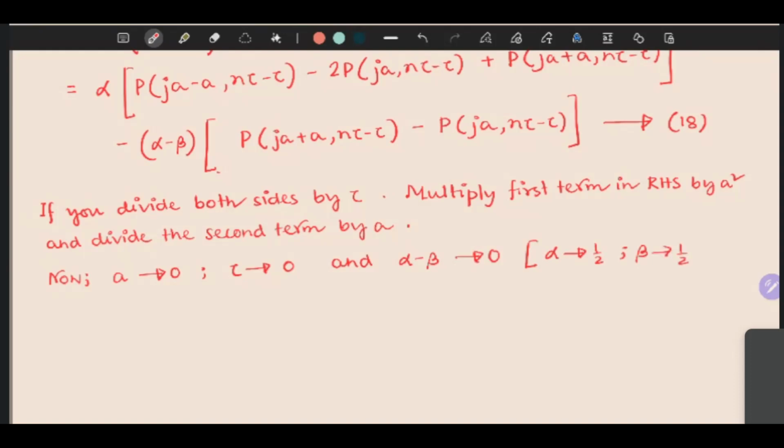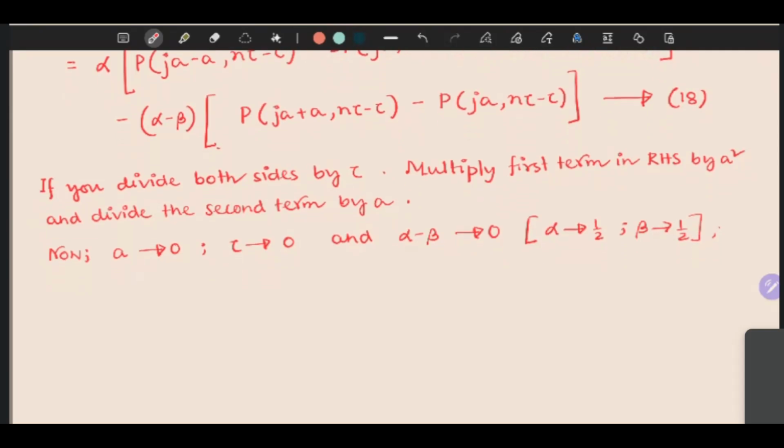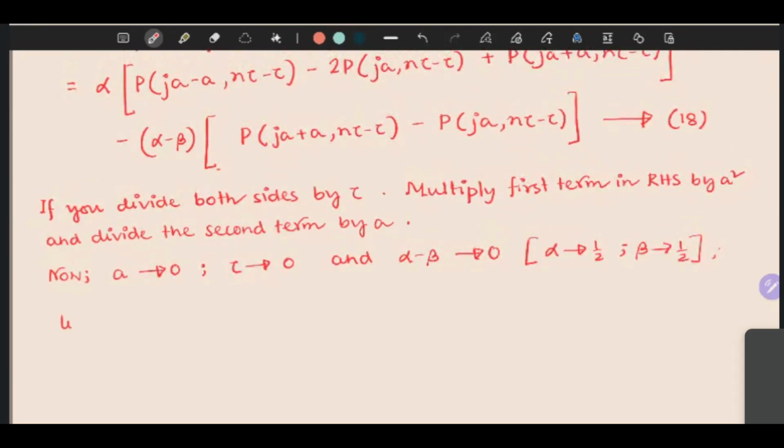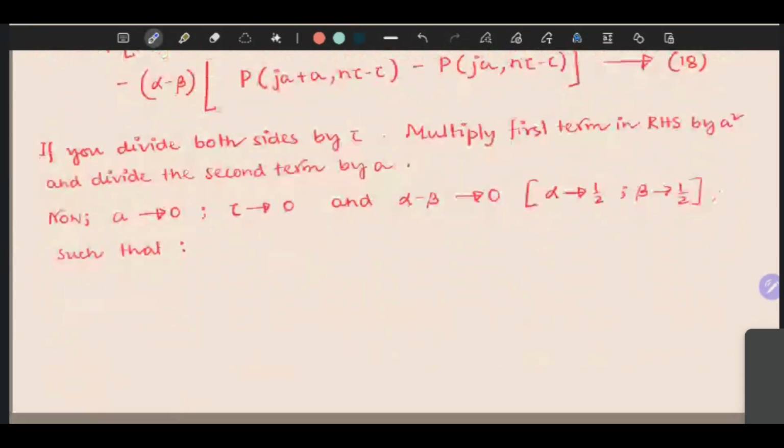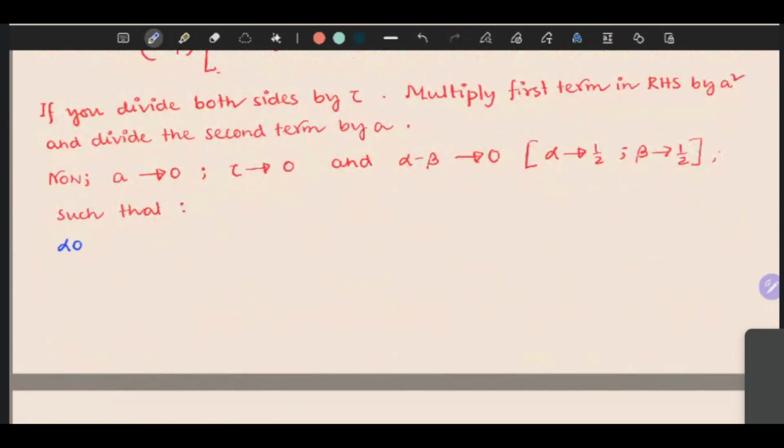If you do this, then first term will be alpha a square by tau.